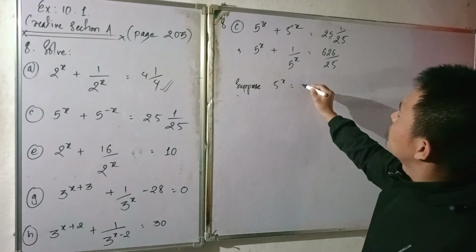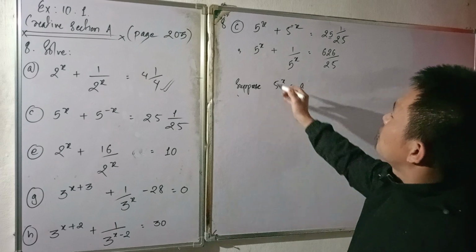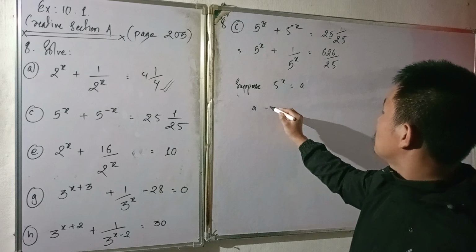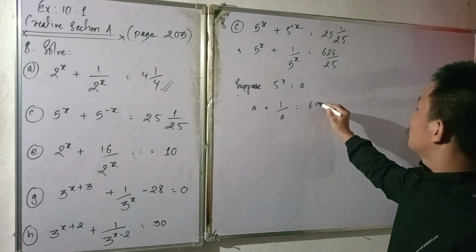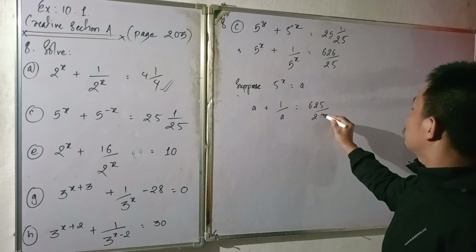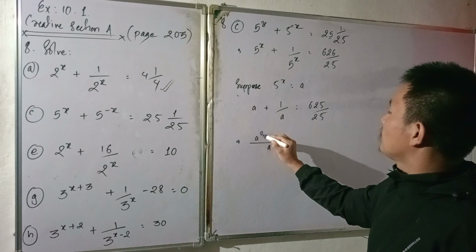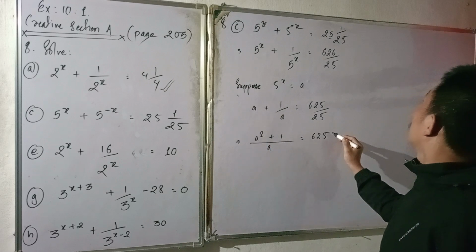Since I have supposed this variable to be a, now replace the value of 5 power x by a, just like the previous one.